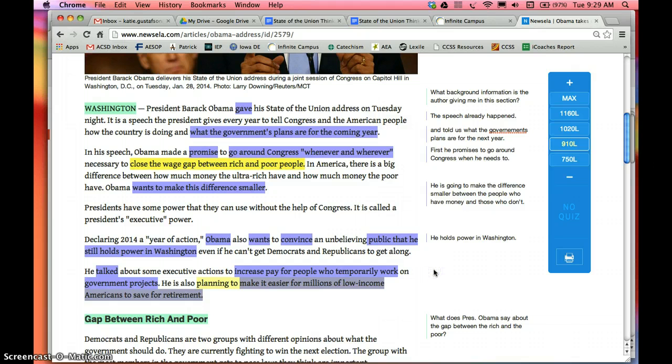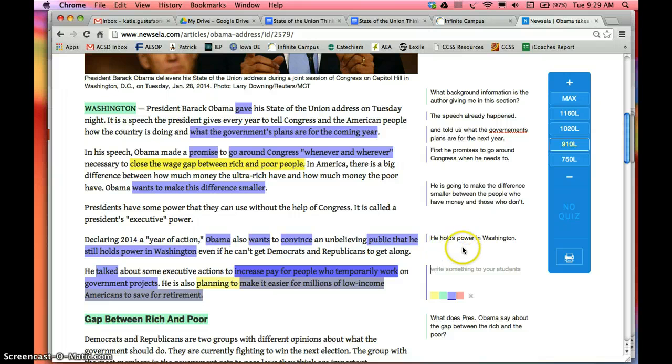So when I re-ask myself the question, what background information is the author giving me in this section that I generated prior to reading? I had a way to go through and answer that question. So I know that the speech has already happened. He told what the government's plans are for the next year. He promised to go around Congress when he needed to. He is going to make the difference smaller between the people who have some money and those who don't.